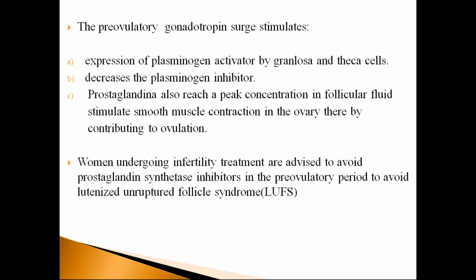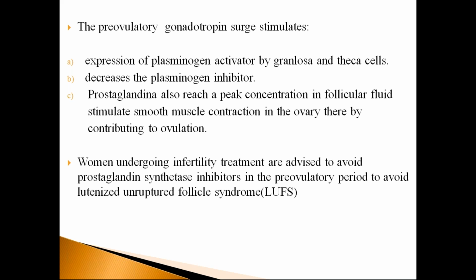The pre-ovulatory gonadotropin surge, that is the LH surge, stimulates the expression of plasminogen activator and decreases the plasminogen inhibitor, thereby converting plasminogen into plasmin. There is also a high concentration of prostaglandins prior to ovulation in the follicular fluid, which will stimulate smooth muscle contraction, and thereby contributes to ovulation.